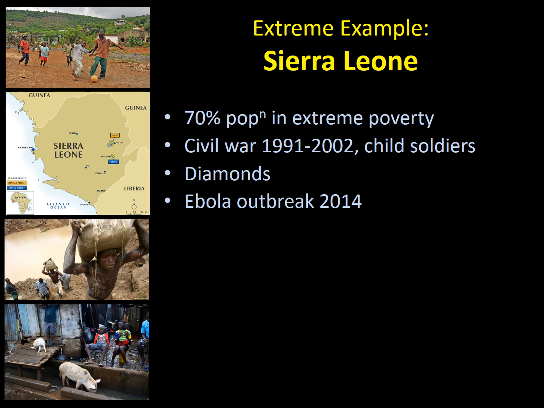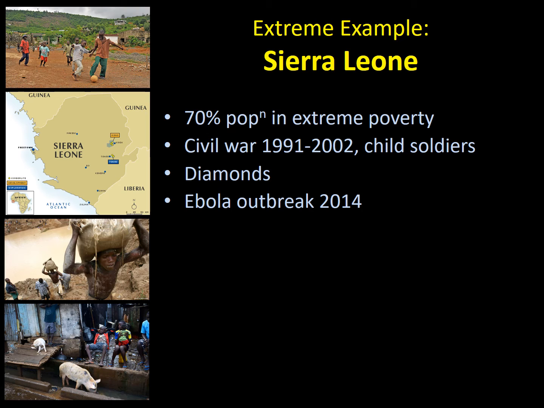So here is the international extreme example I promised you on the outline slide. I want to talk about a country named Sierra Leone, where 70% of the population lives in extreme poverty. You may have heard of this country in different contexts.